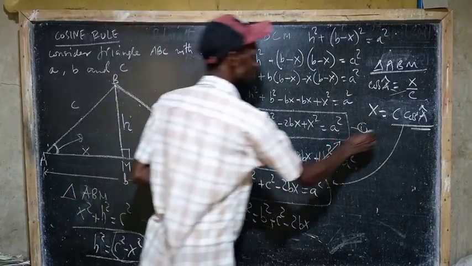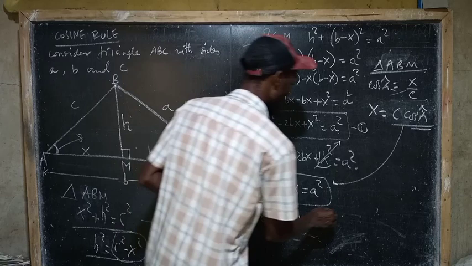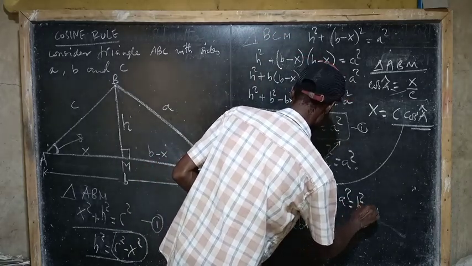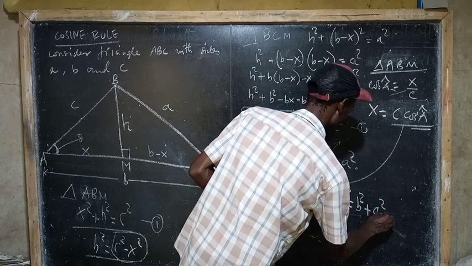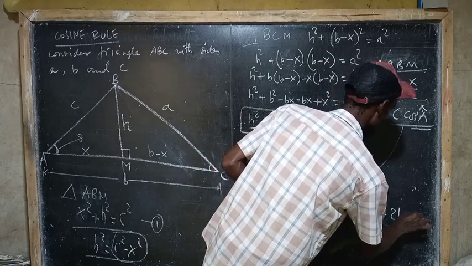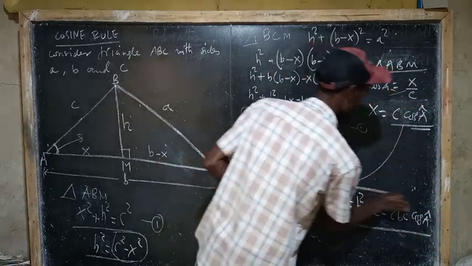But remember, x is equal to c cosine of angle A. Therefore, this will be written as a squared is equal to b squared plus c squared minus 2bc cosine of angle A. That is our cosine.